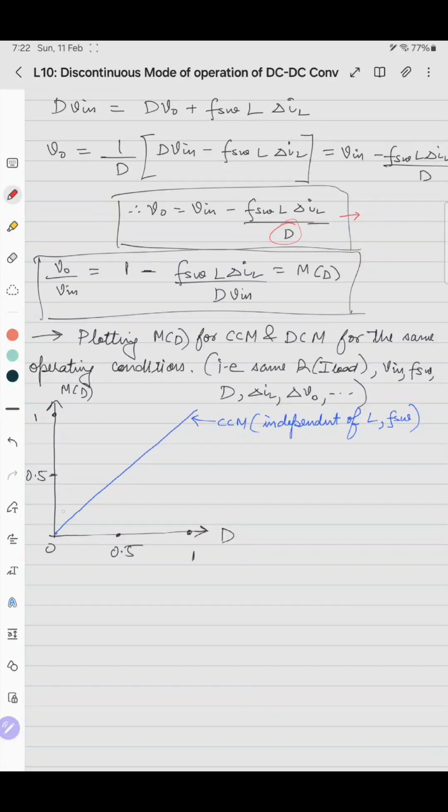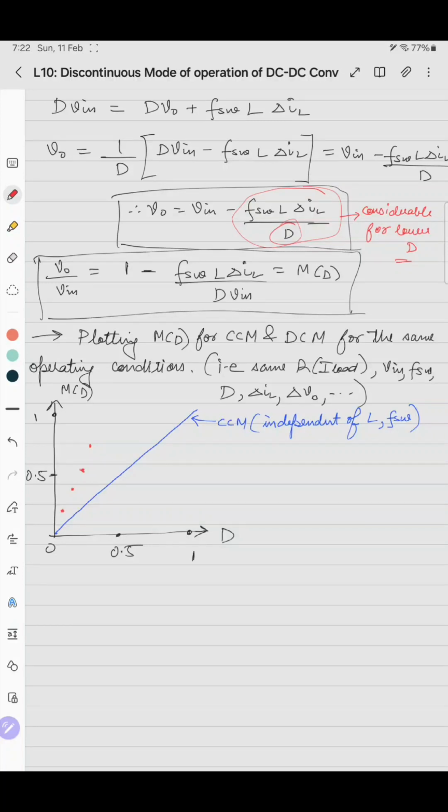So we'll have some higher gain like this, and the gain will keep on changing, but as the duty ratio tends to 1, the value of this expression is considerable for lower D, and for higher D it will be less than 1. So the gain will be less for higher D.